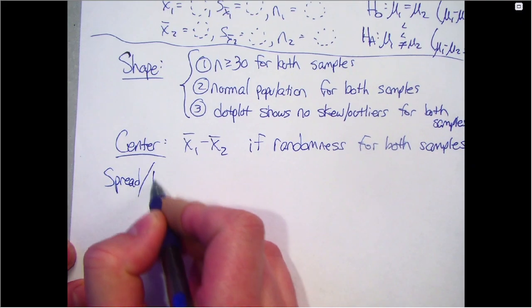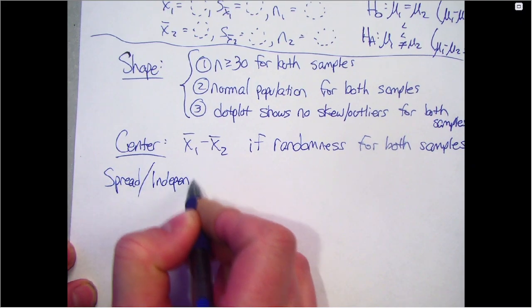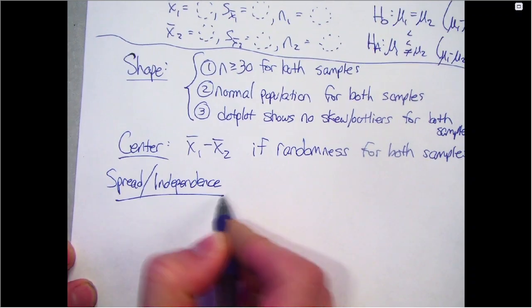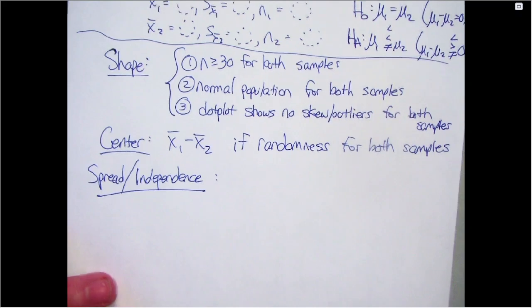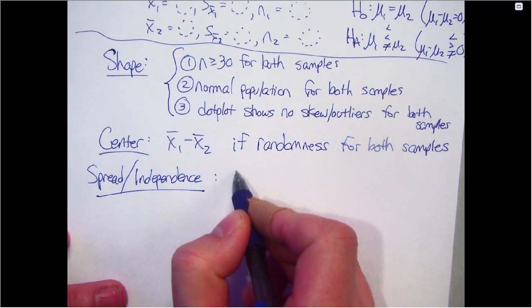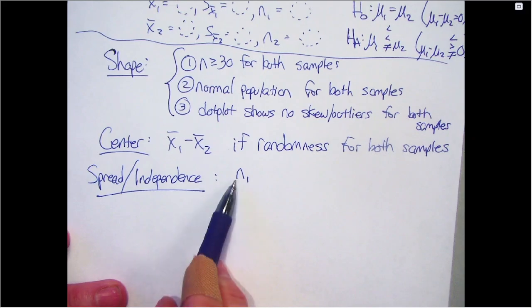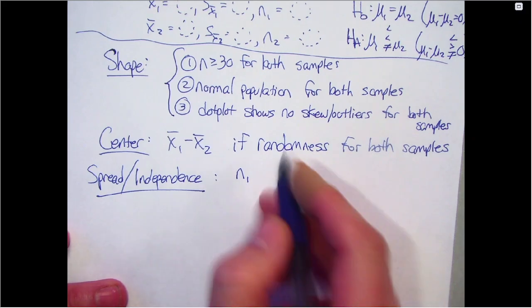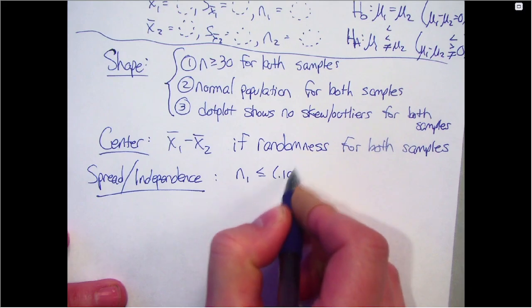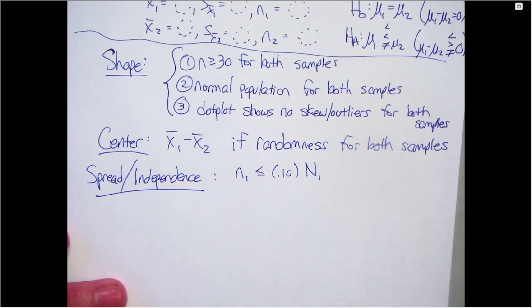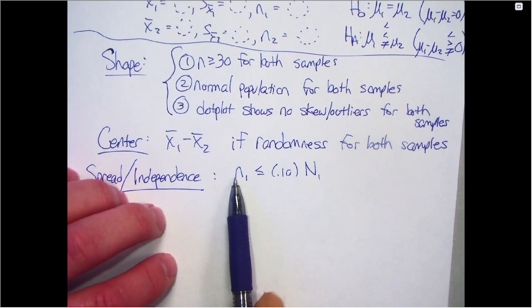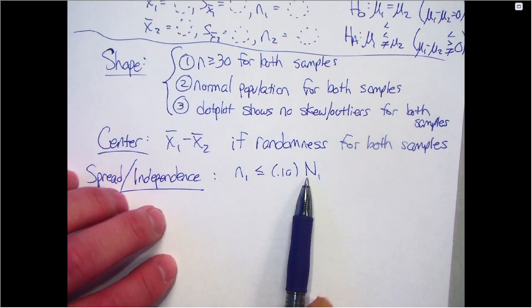And then spread, independence. That's the 10% thing, so we want little n1, our first sample, to be less than 10% of capital N1 population. Like our little sample is less than 10% of the big population.